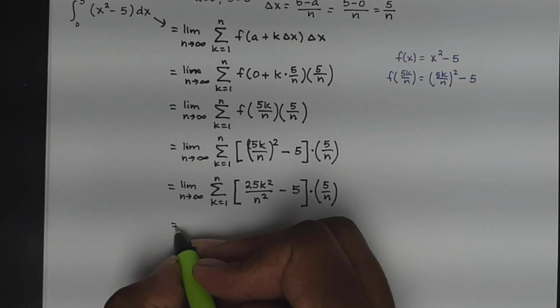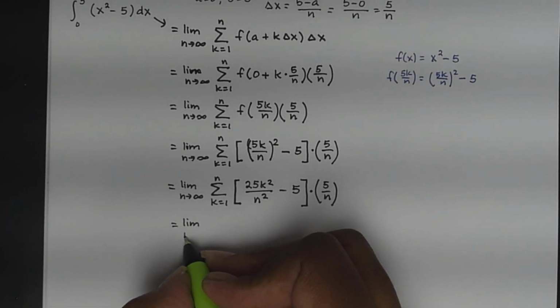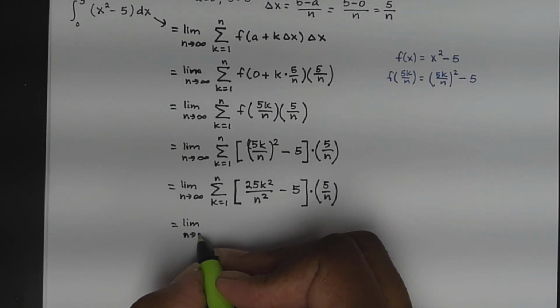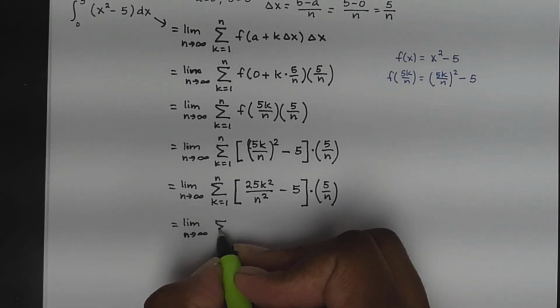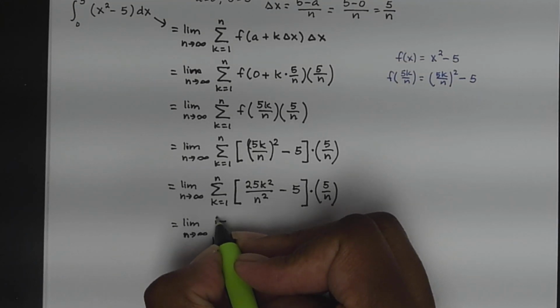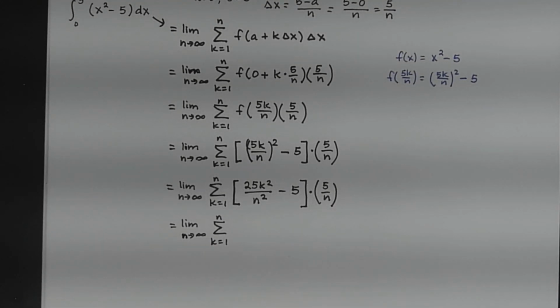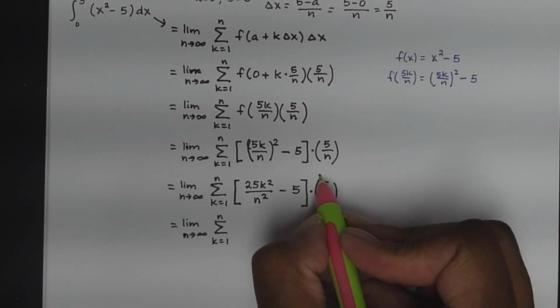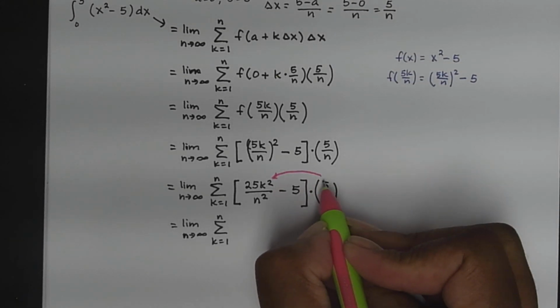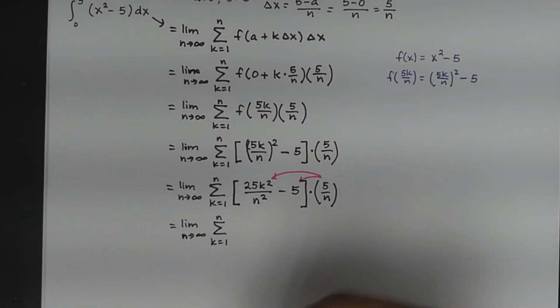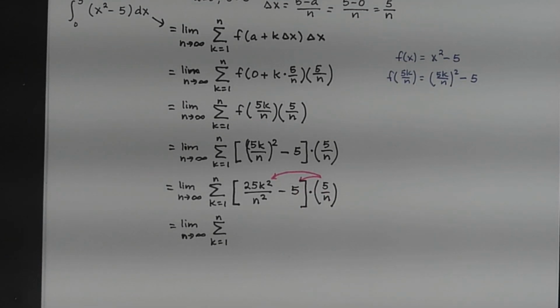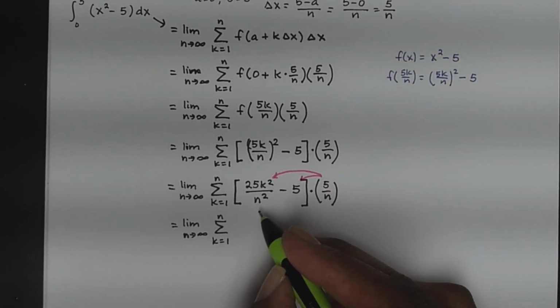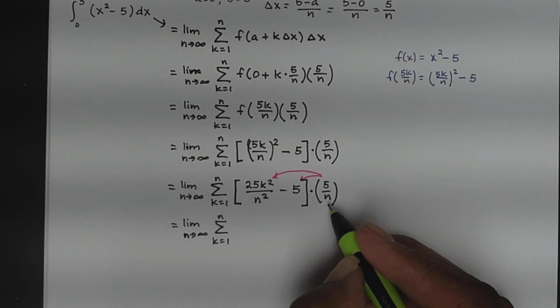All right, so now for the next line, limit as n approaches infinity of the summation of k equaling from 1 to n. If I distribute this 5 over n over the 25k squared over n squared and the minus 5, here's what I'm going to have. 25k squared over n squared times 5 over n.